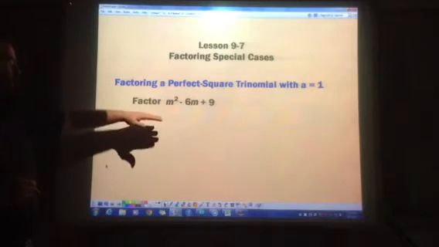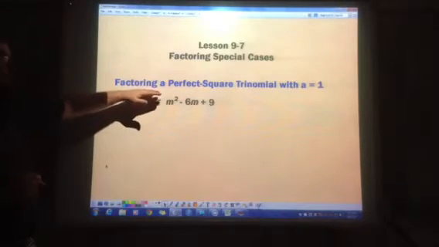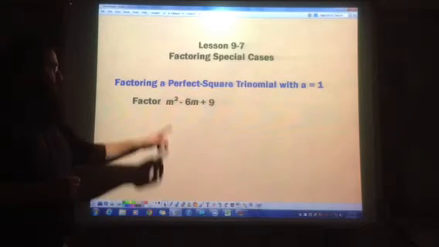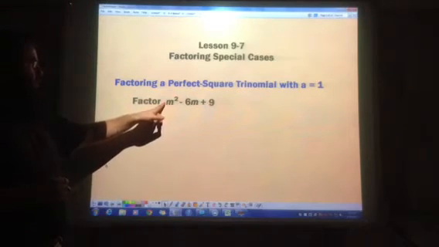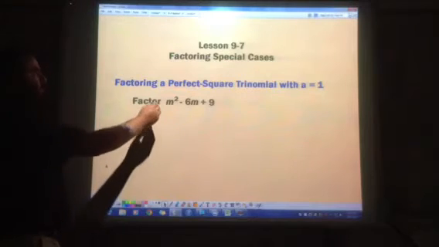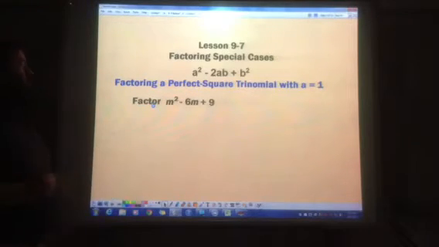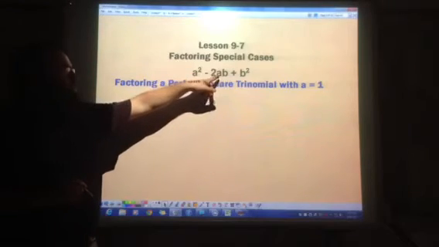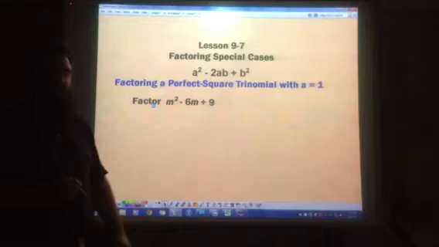Our first problem that we'll work with is factoring a perfect square trinomial with a equals 1. Remember, a is the coefficient to your first term. I want you to factor m squared minus 6m plus 9. Remember, this is going to be under the form a squared minus 2ab plus b squared.